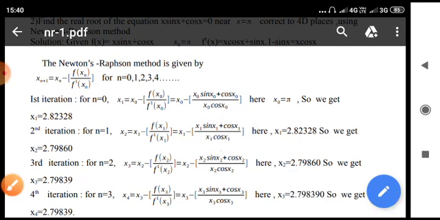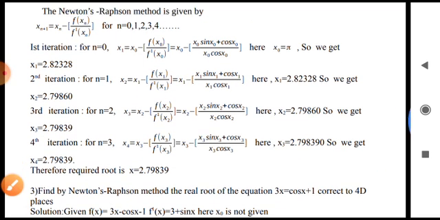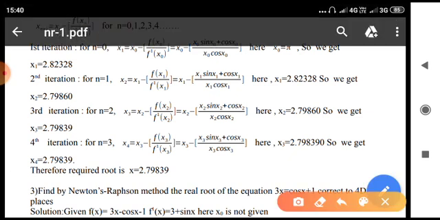So the fourth iteration, for n equal to 3, the formula is x4 equal to x3 minus f of x3 divided by f dash of x3, that is x3 minus (x3 sin x3 plus cos x3) divided by x3 cos x3, and we know that from the previous step x3 is 2.79839.